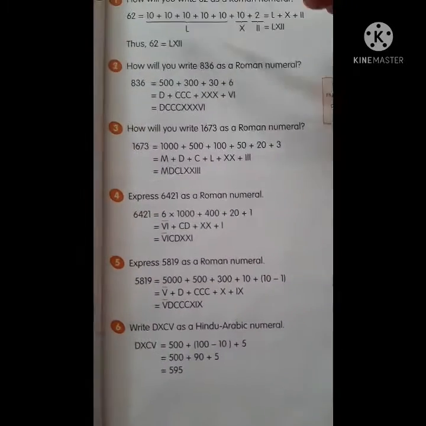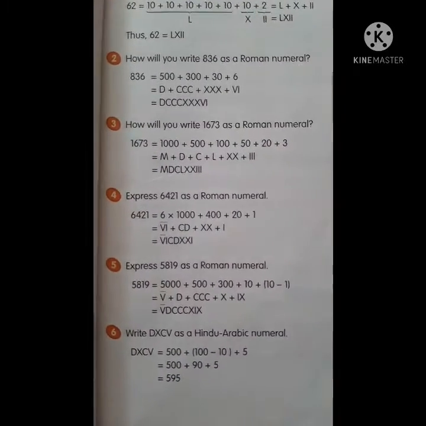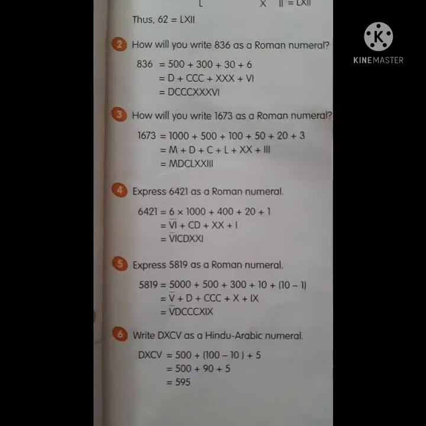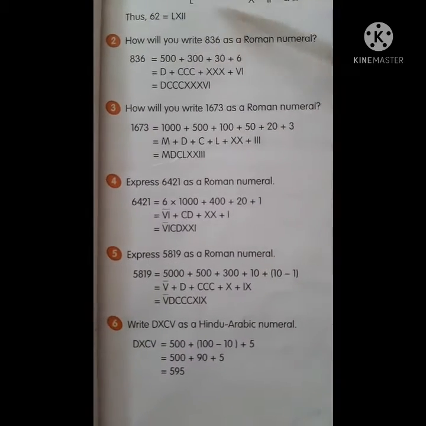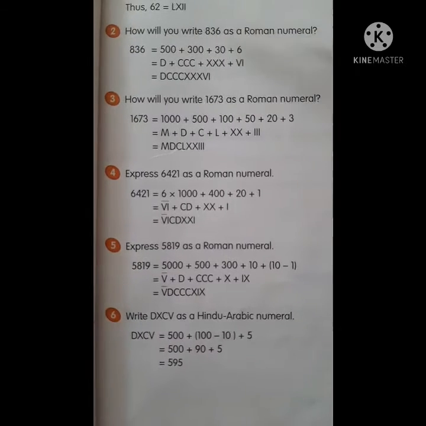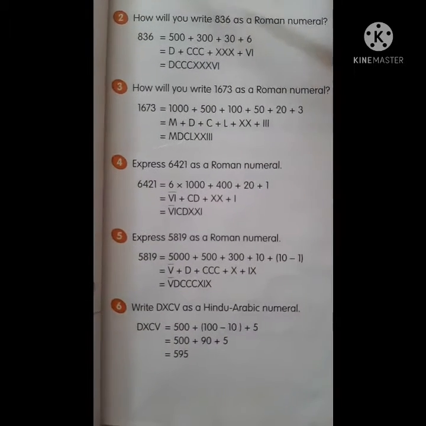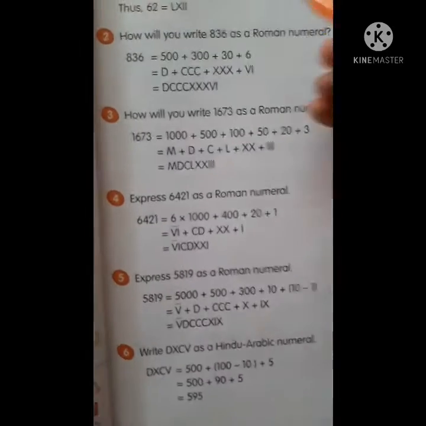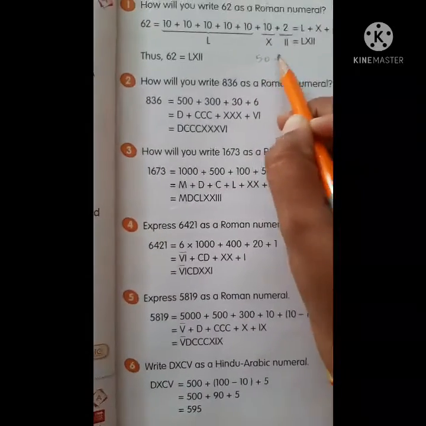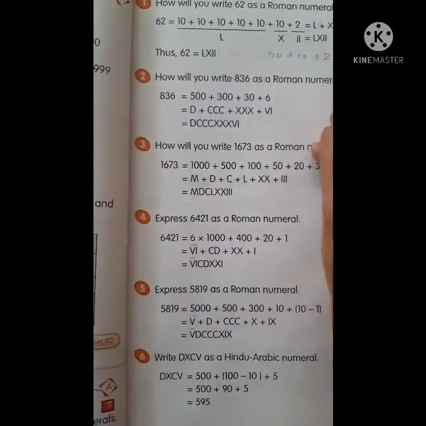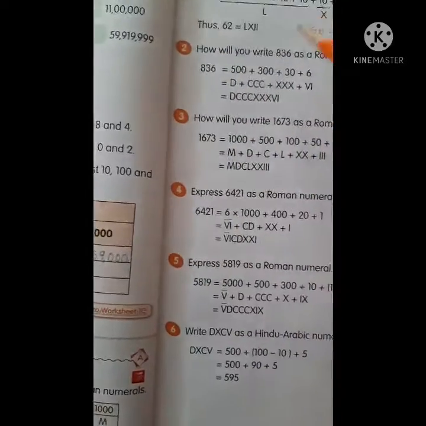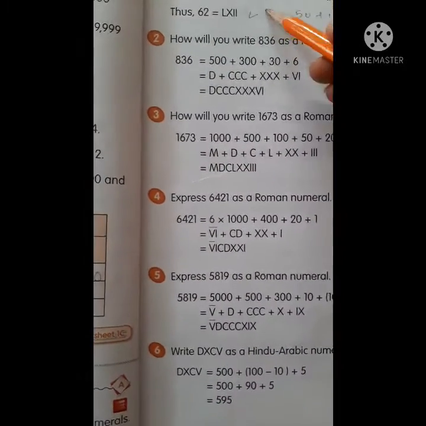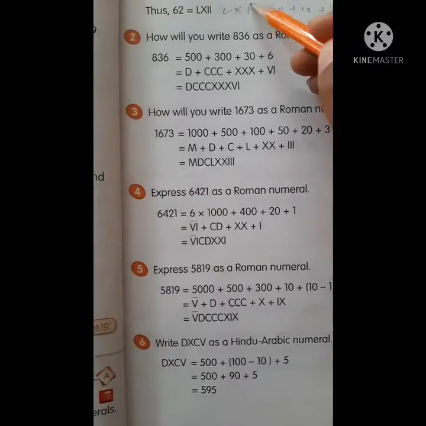See here how you will write 62 as a Roman number. How will we write 62 as a Roman numeral? First we will divide 60. So 60 will be 50 plus 10, plus 2. 50 is L, so we will write L. 10 is X. 2 is II.